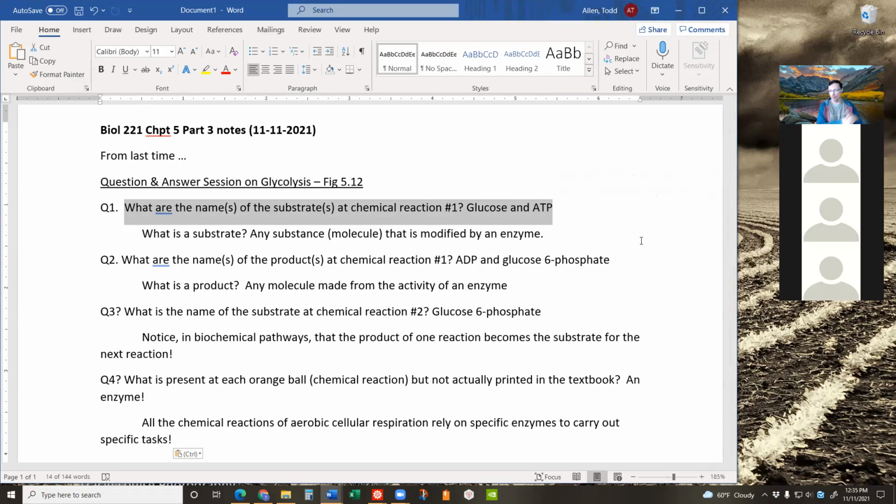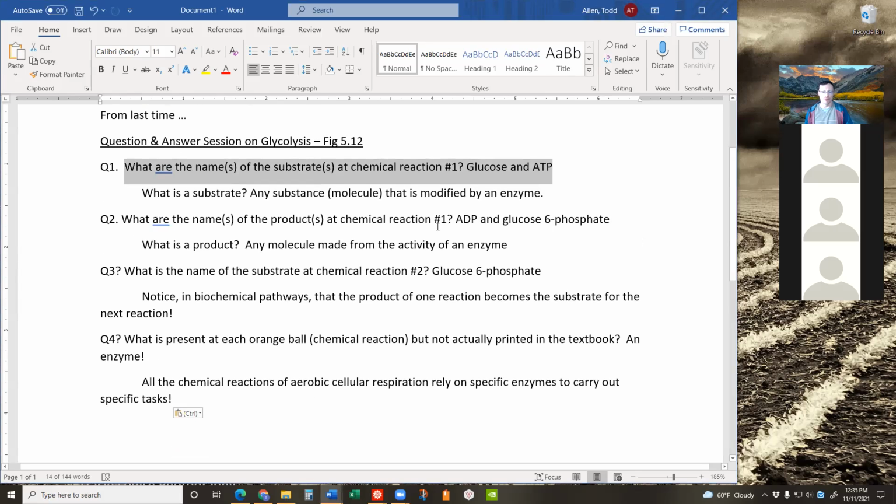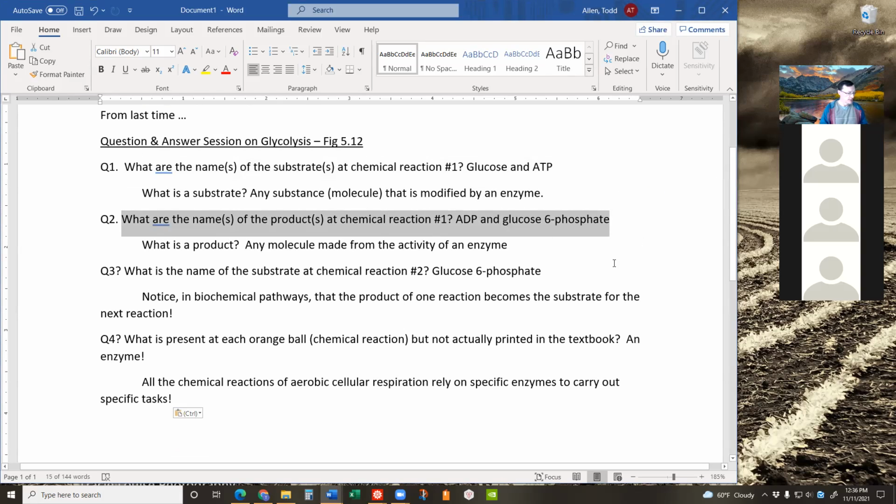The purpose of that question is so that you understand what a substrate is. A substrate is any molecule modified by the enzyme. Second question was, what are the names of the products at chemical reaction number 1? The products are going to be ADP and glucose 6-phosphate. So what is a product? Any molecule made from the activity of an enzyme.